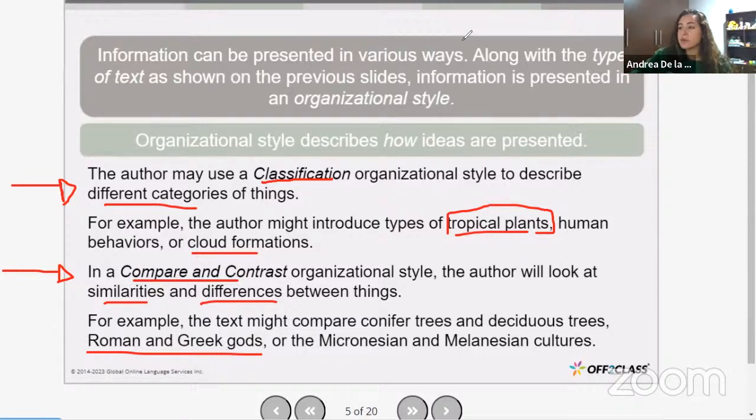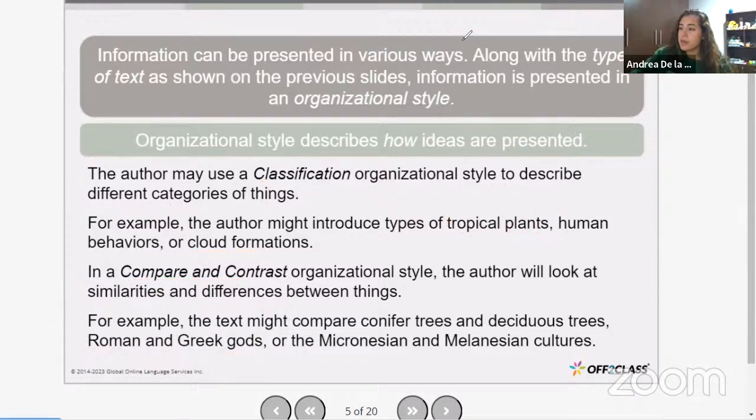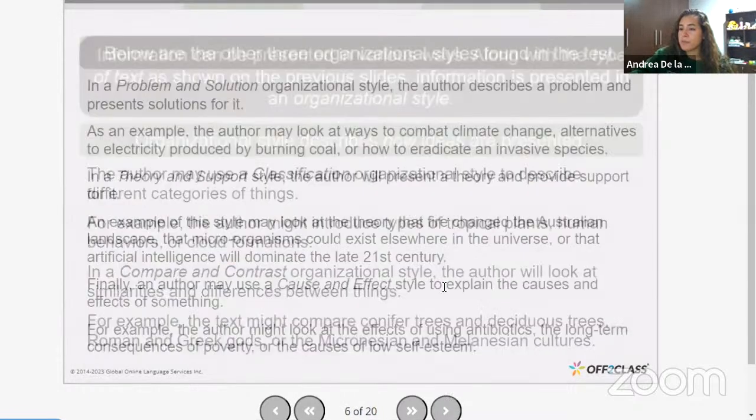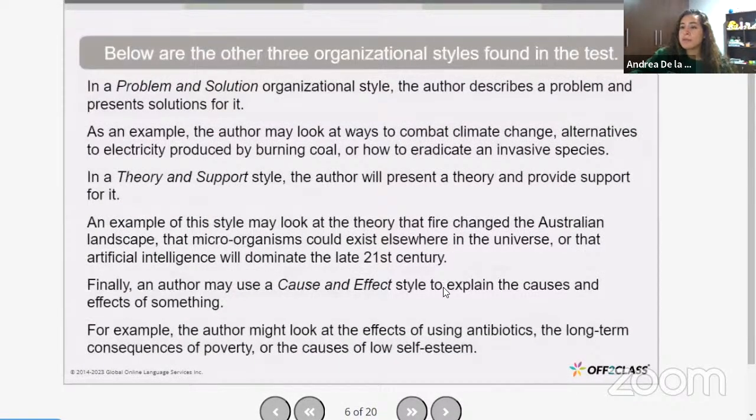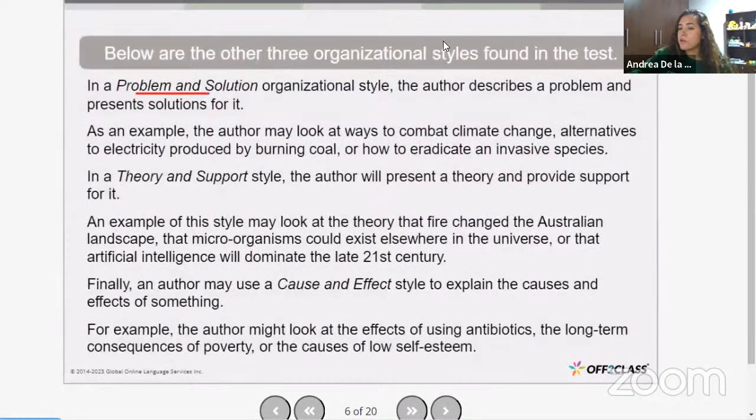Then you also have sometimes problems and solutions. So for example, the author or the professor can talk about different ways to combat climate change, different solutions for climate change, or maybe different causes of climate change.